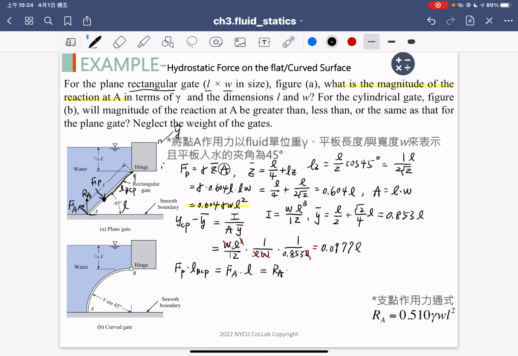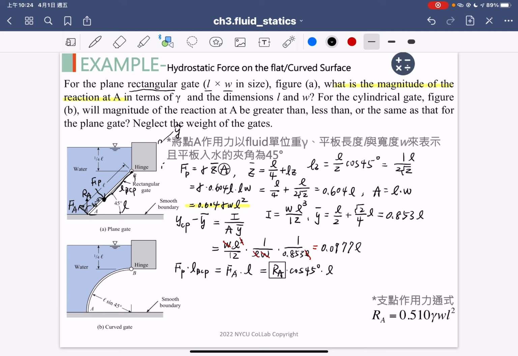multiplied by the cosine 45 degree, because the angle in here is 45 degrees, and multiplied by the L. So what is the RA value in here?